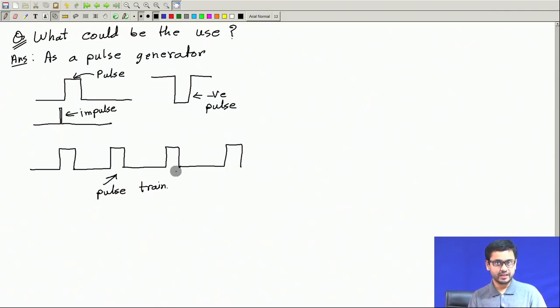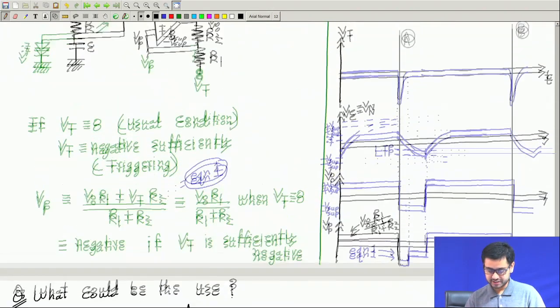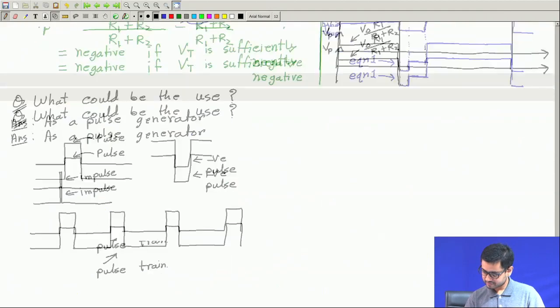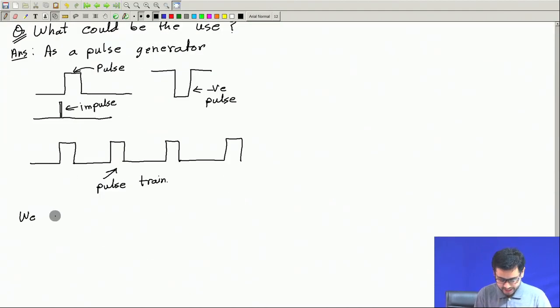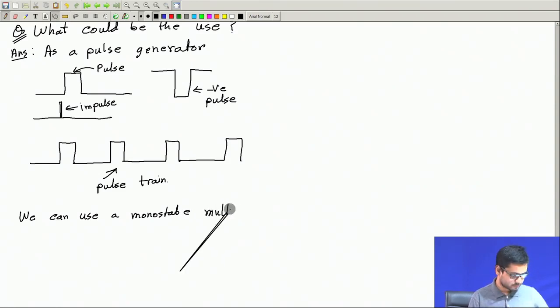So, to generate this type of pulse train, we can use a monostable oscillator circuit, which we have seen like this. We can use a monostable oscillator or multivibrator, as it is also called, to generate a pulse train.